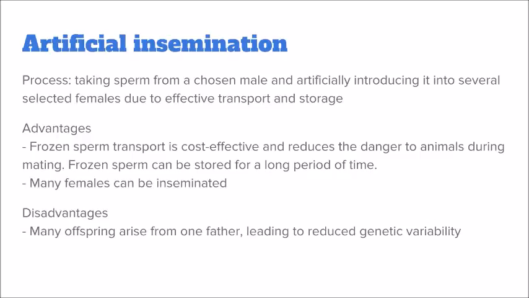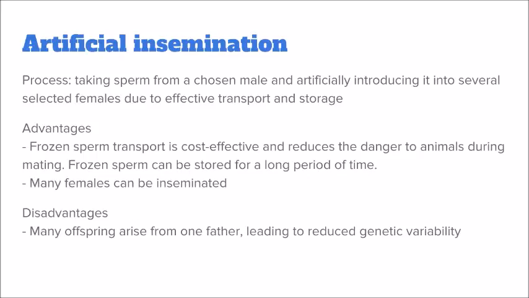And this allows the genetics of that male to be inherited in offspring in 5, 10, 15 years, which is also important when we look at breeding programs and trying to increase the number of the population. And the advantage is also one male's sperm can be used to inseminate many females.